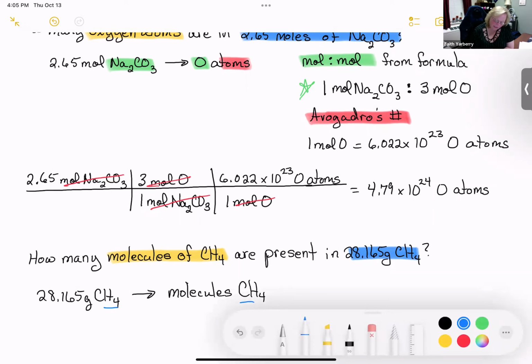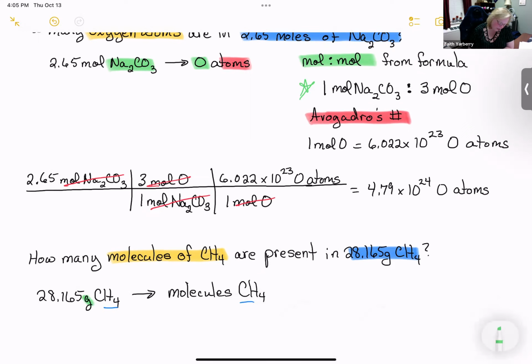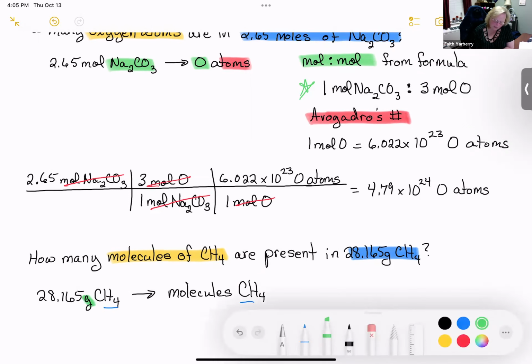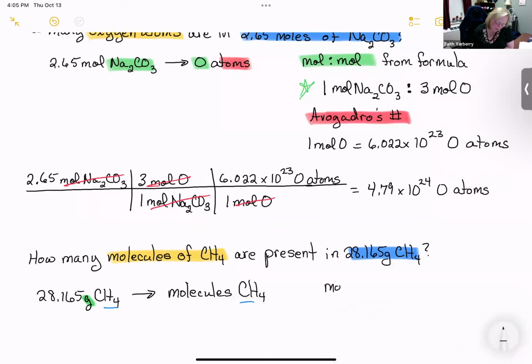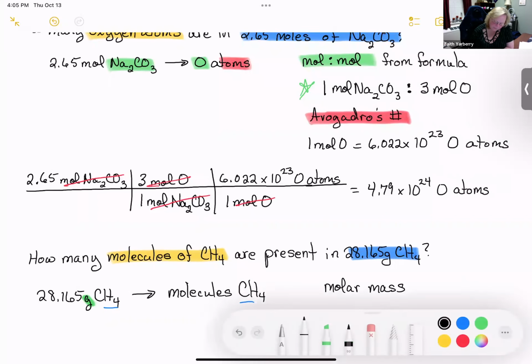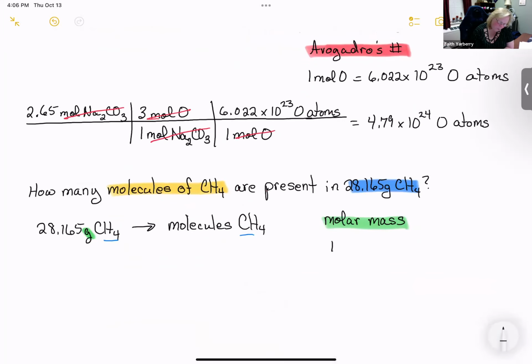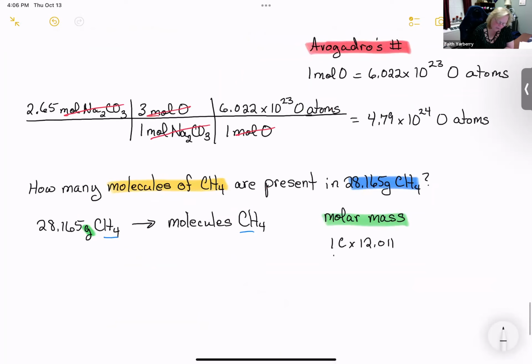So let's look at the other stuff though. The first thing I spot is grams. Anytime I see grams, that means I'm going to need the molar mass. So I have one carbon at 12.011, and I have 4 hydrogens at 1.00794.